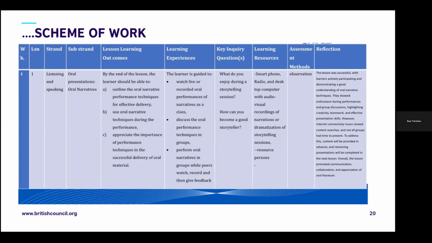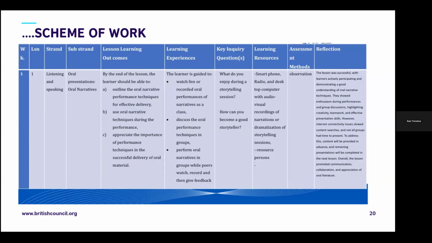Then we look at the learning outcomes, where the first outcome is to outline the oral narrative performance techniques for effective delivery. The second outcome is to use oral narrative techniques during performance. Then lastly is to appreciate the importance of performance technique in the successful delivery of an oral narrative.